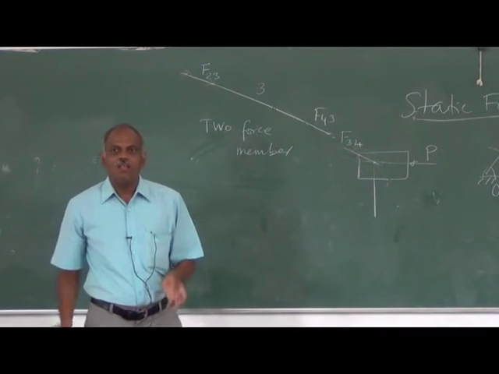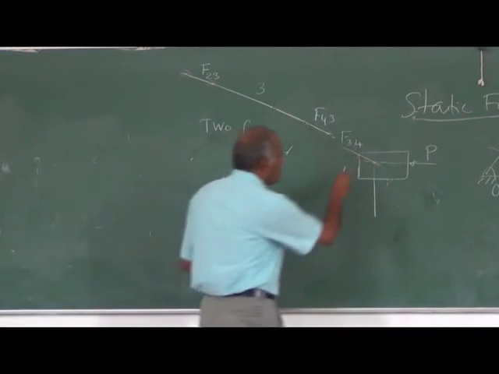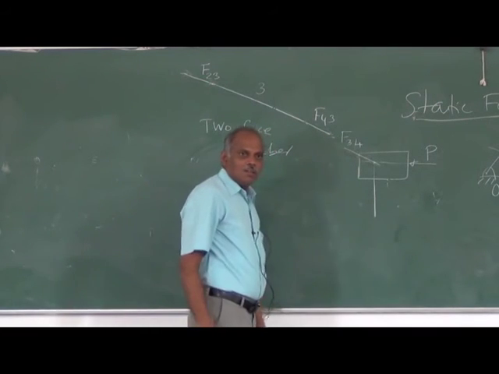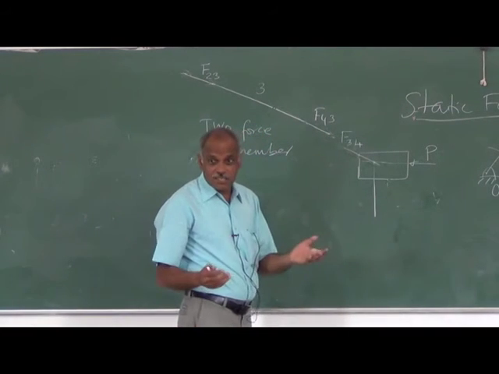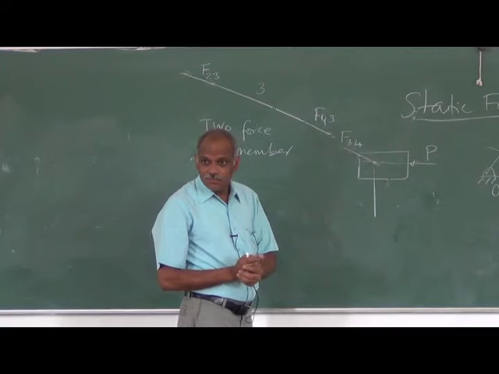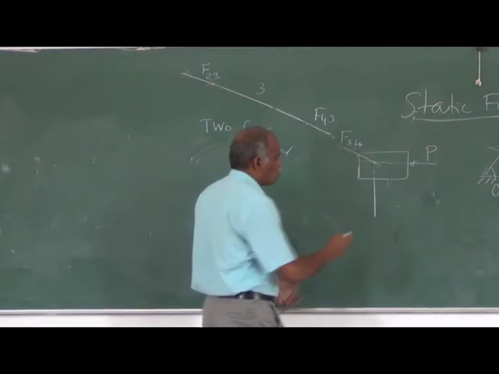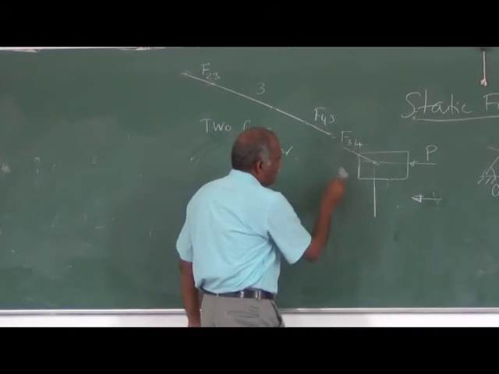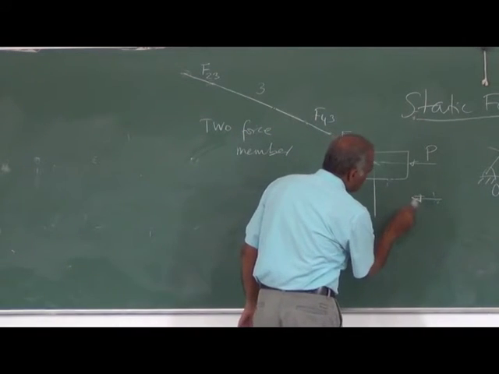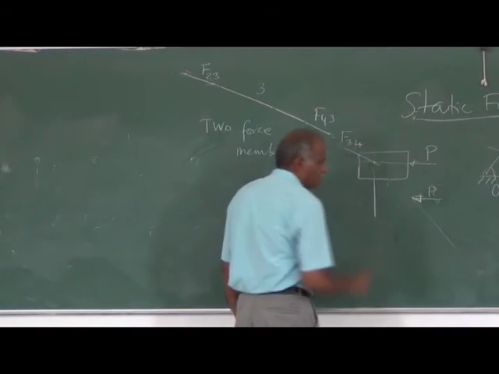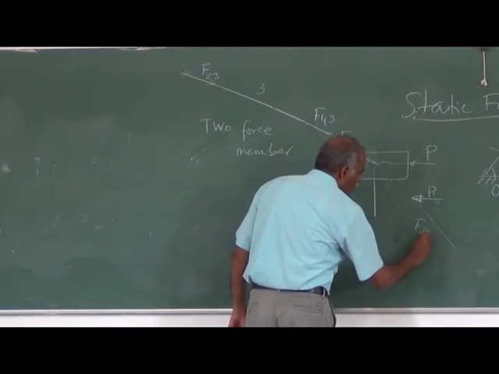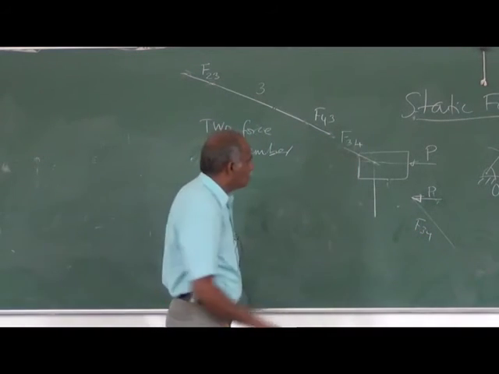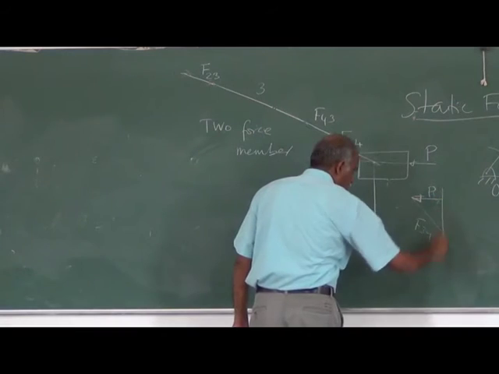It must be coplanar. The third condition is that when you draw this, the free vectors must form a closed triangle. So I draw the P. I know the direction of F34. So this is P, this is F34, and draw this.